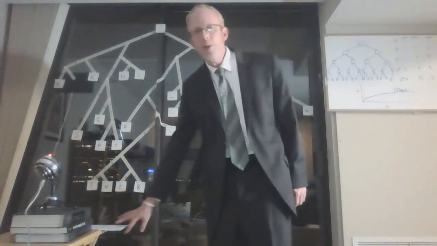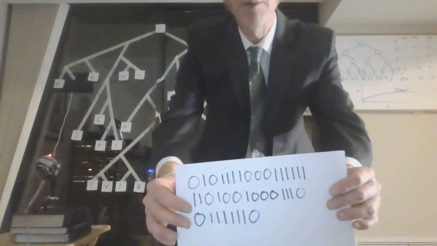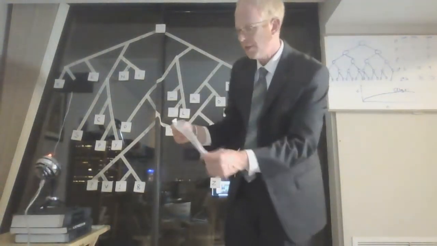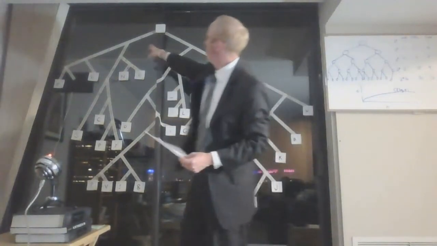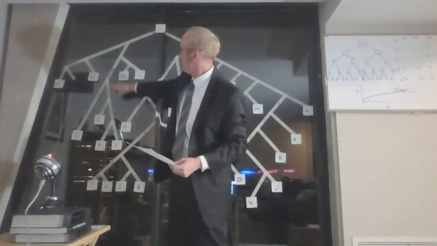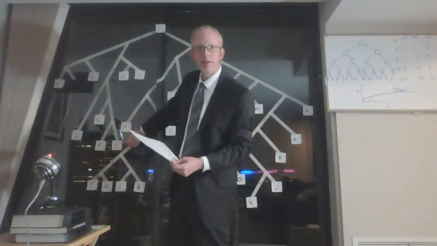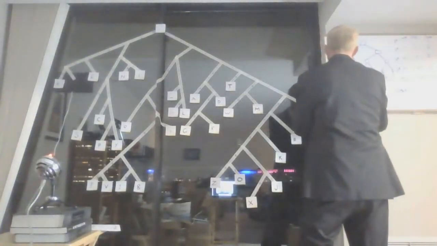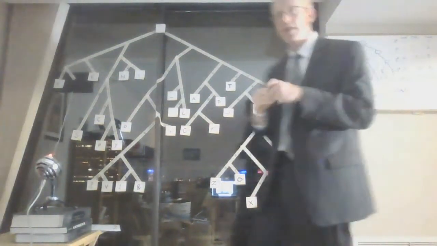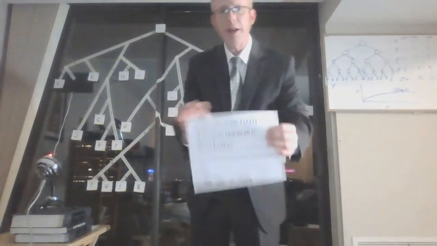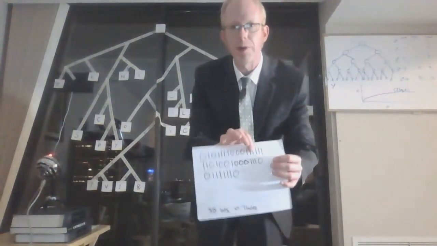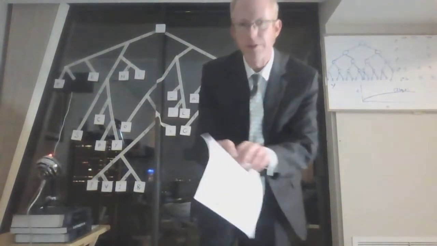So let's walk down this tree and let's use these numbers I have here. So I'll read them off: 0, 1, 0, 1, 1, 1 gives us the letter Y. Now, once we've walked this path of 0s and 1s and we reach a letter, we start all over again.